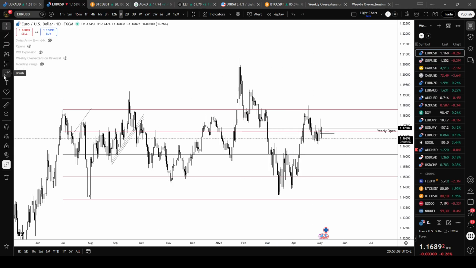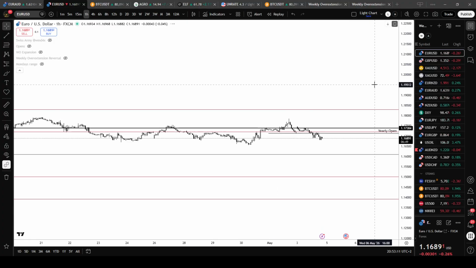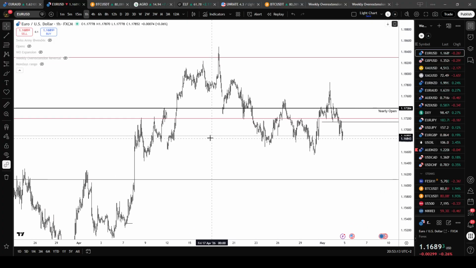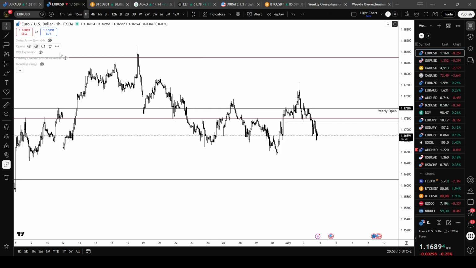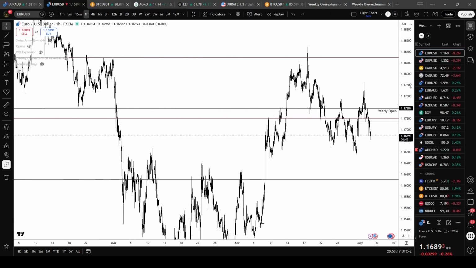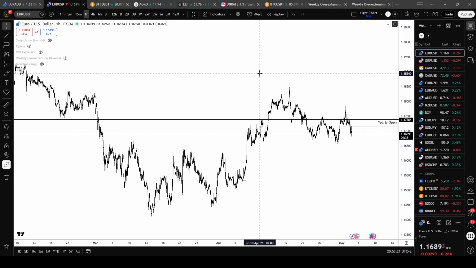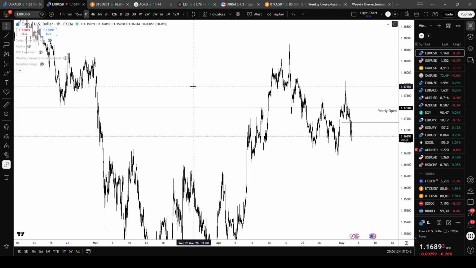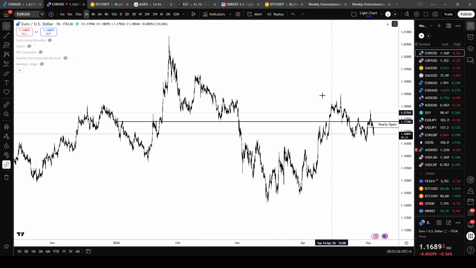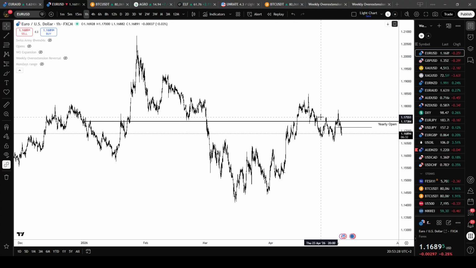So why was our bias bearish? Well, first of all, I'm gonna get rid of these range levels so that this becomes cleaner. The main argument for having a bearish bias was that, especially when we are in this range environment, you get a lot of chop.